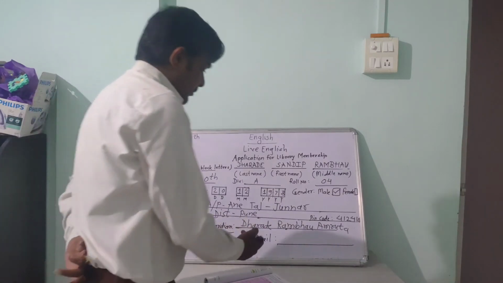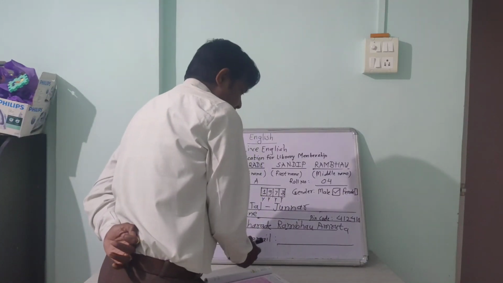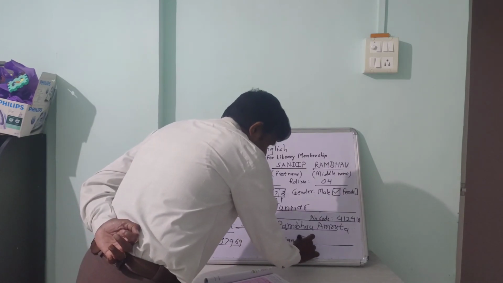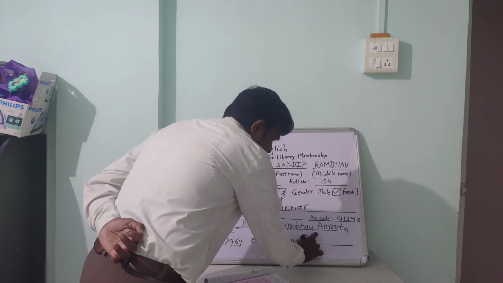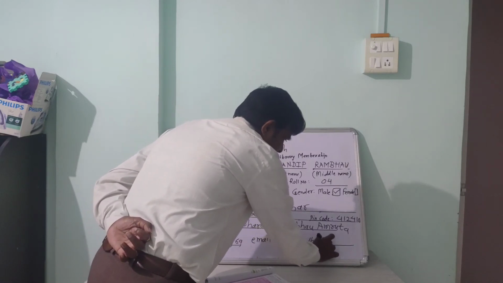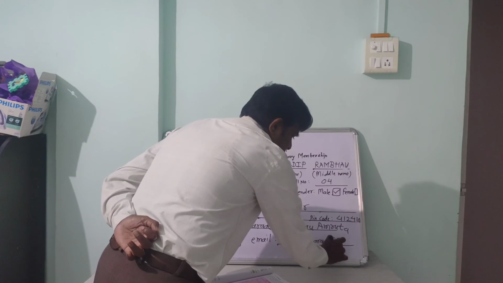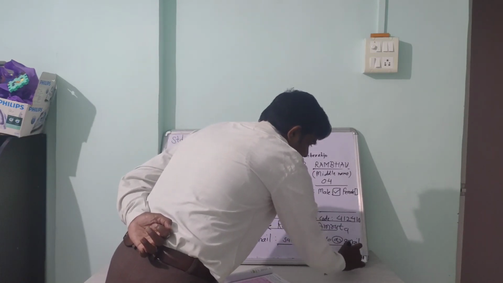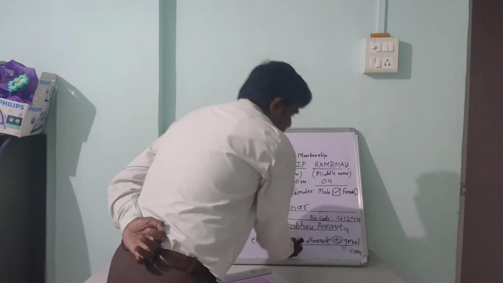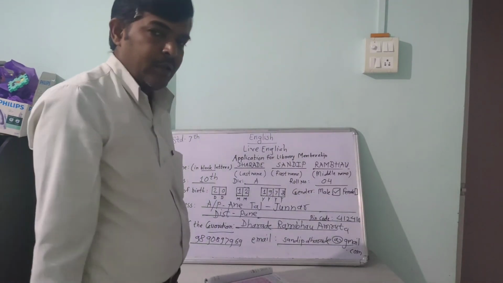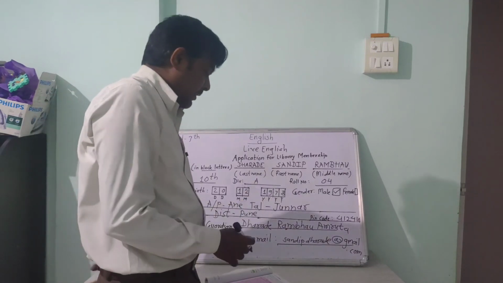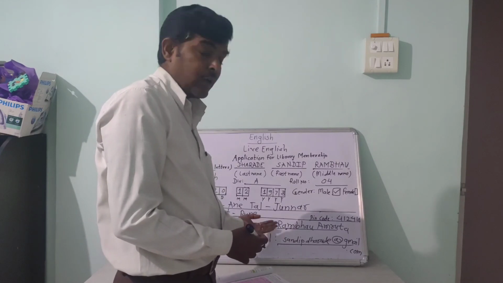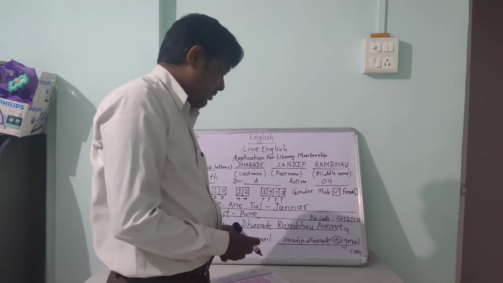So I just write down my mail here: sandeepdarade@gmail.com. You also know how we write that. So you must learn how to write the address of your email.